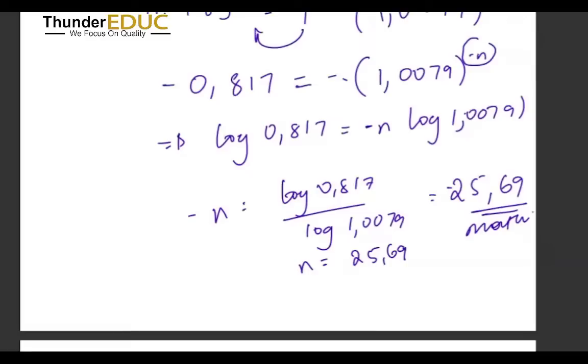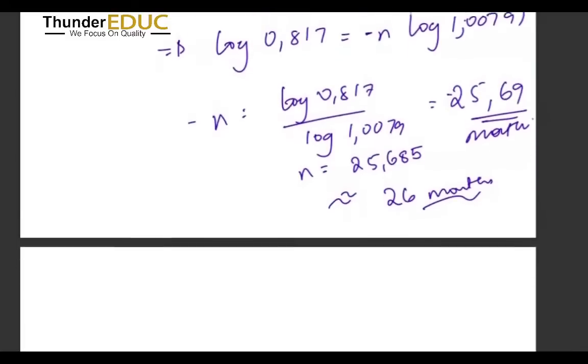Let me use 4 decimals just to improve the accuracy. So 25.685, which is approximately 26 months. Okay, so we're going to take 25 full payments of 450, and then the last payment is going to be less than 450.